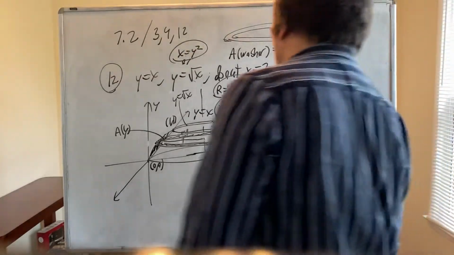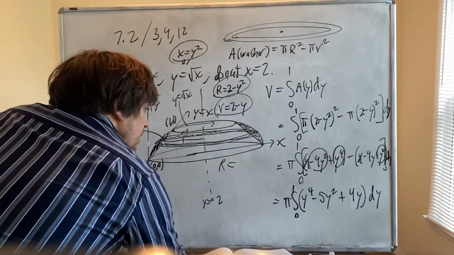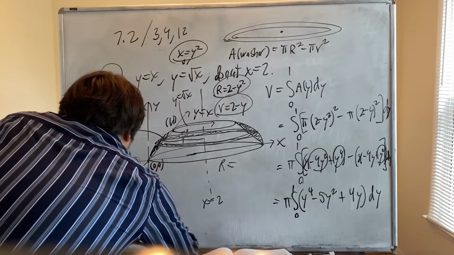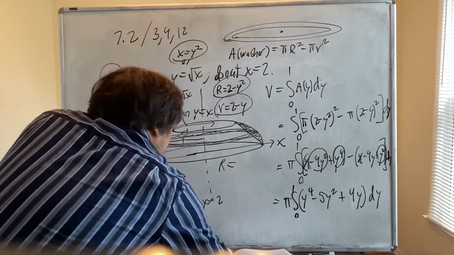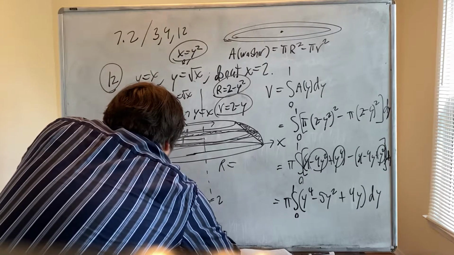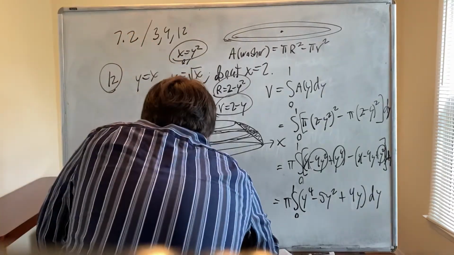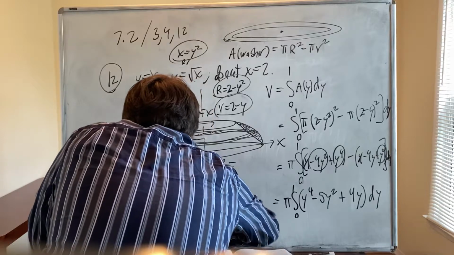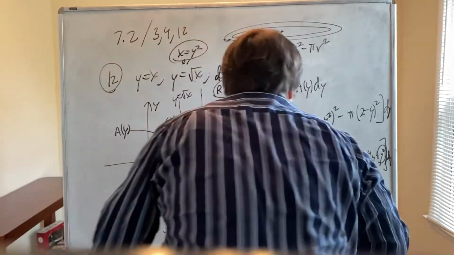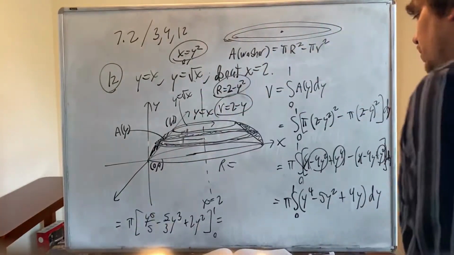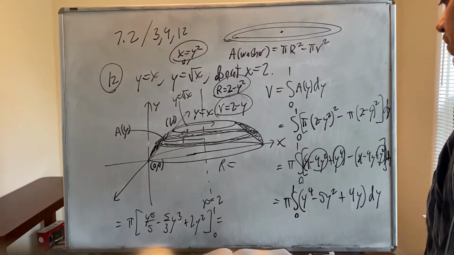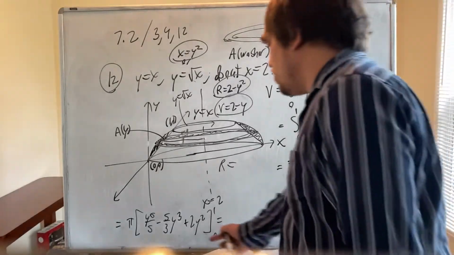Okay, so let's find the integral. So I'm going to continue over here. This is equal to pi times an antiderivative of that function, which is y to the fifth over 5 minus 5/3 y cubed plus 2y squared. Okay, so then if you plug in 0, you get 0.